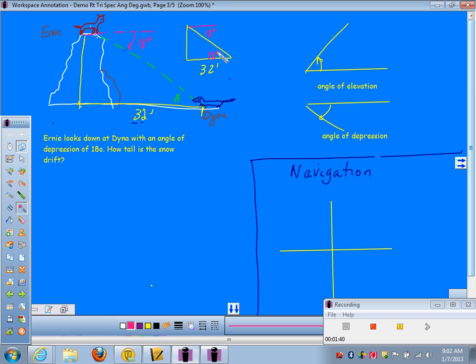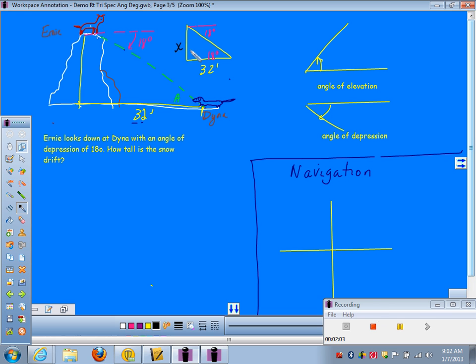So now the question is, how tall is the snowdrift? We're trying to figure out, I'm going to call this X over here, how tall that side is. And this is where good old Oscar had a heap of apples comes in. We've got 18 degrees. The side we need is that opposite, adjacent, or hypotenuse? That's opposite.